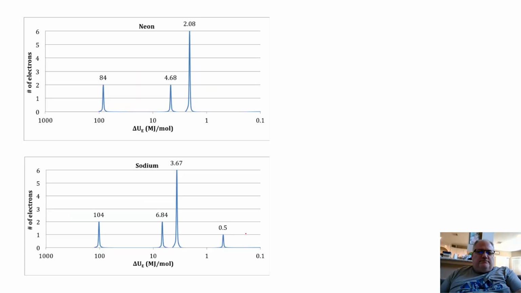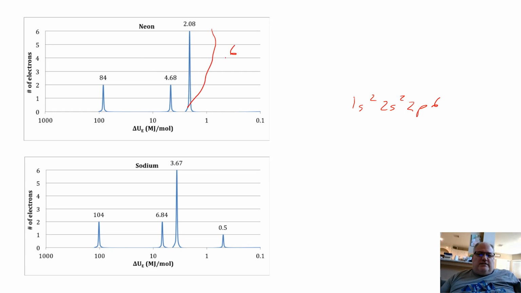Let's try another one. Let's jump to this one right here, neon. If I were to draw the electron configuration, it'd be 1s2, 2s2, 2p6. And again, if you notice here, we can count the lines here, but this clearly is 6, and these both right here are 2 and 2.